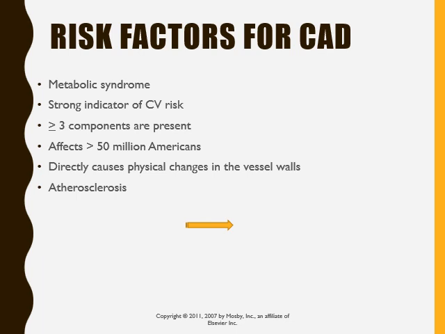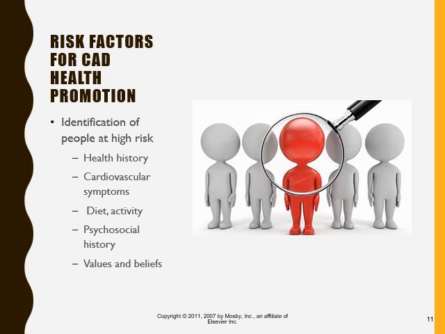Risk factors, we just talked about metabolic syndrome. Look at their waistline, measure it, and look at their high versus low density levels in their labs. The key to this is identifying who's at risk.